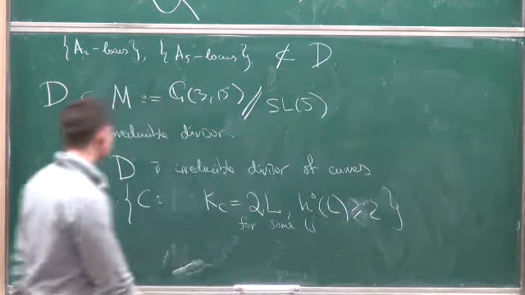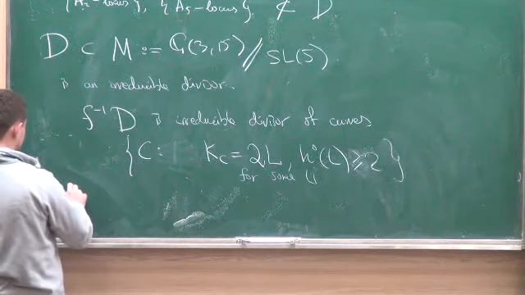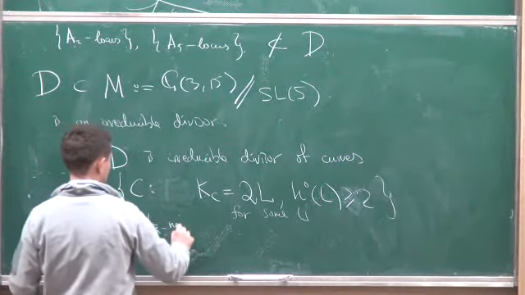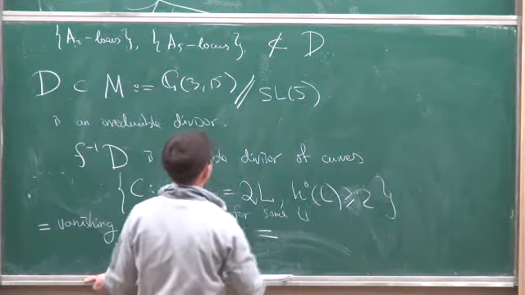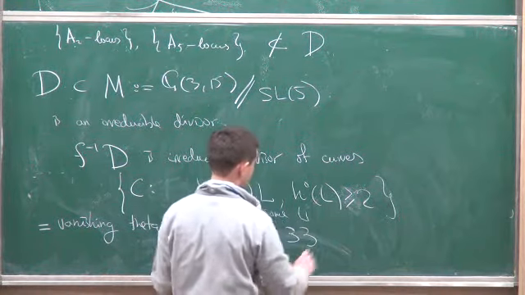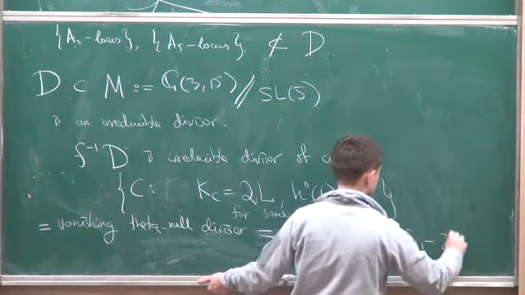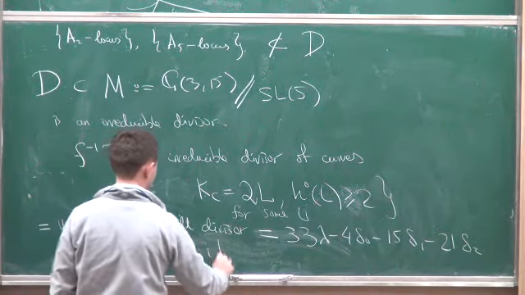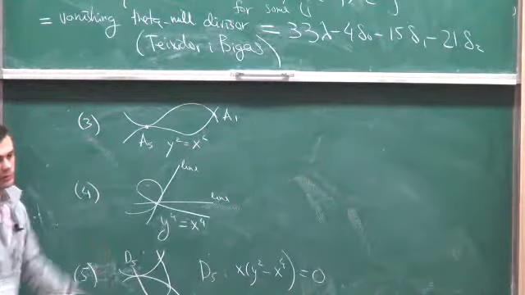Okay, and so this is the so-called vanishing theta null divisor. And by a theorem of Teixidor i Bigas, its class is proportional to what we had before.